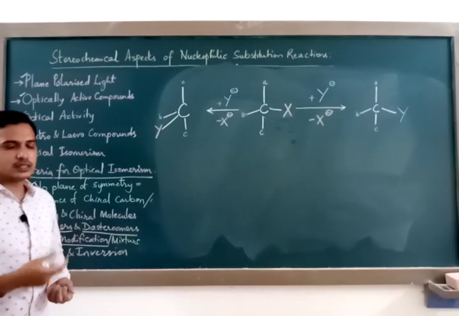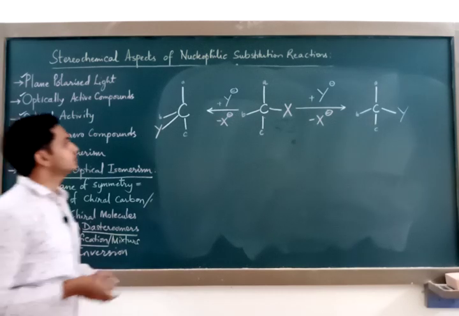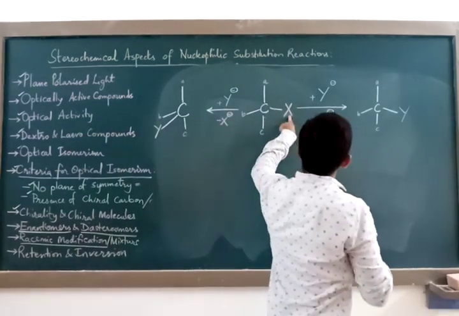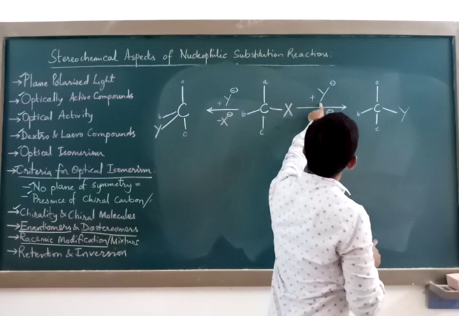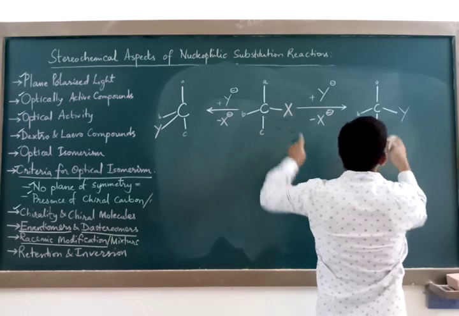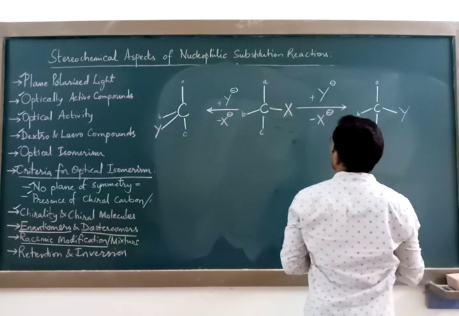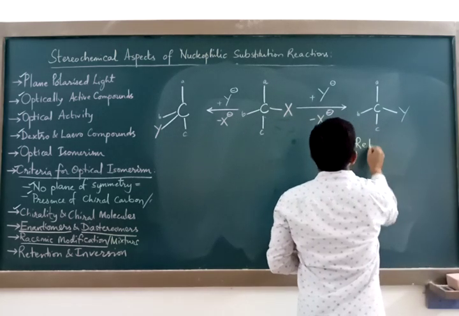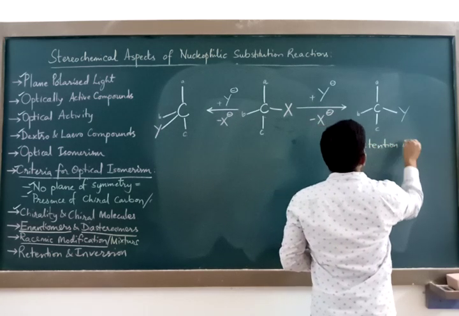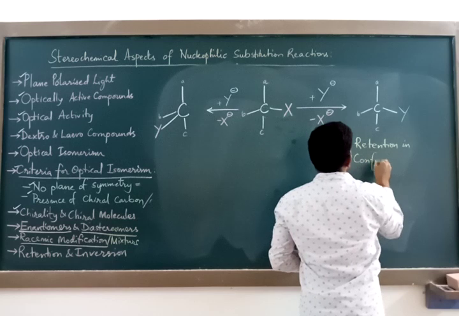How are these two reactions different? Once X is substituted by Y, and if Y takes the same place as that of X, we call that condition retention in configuration.